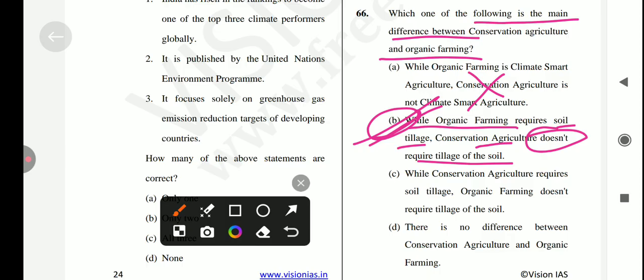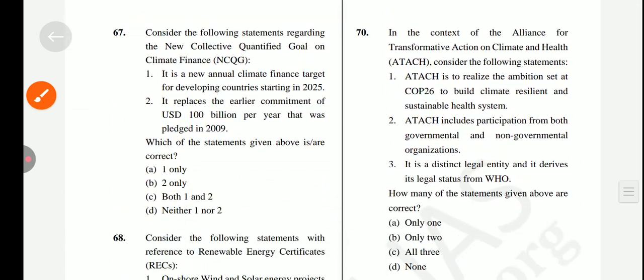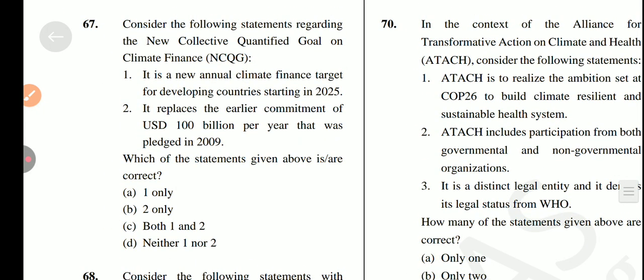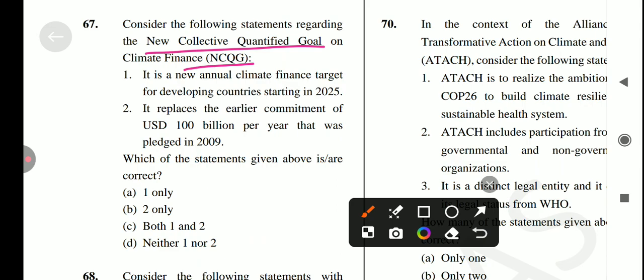Okay, so let's come to the next question which is: consider the following statements regarding the new collective quantified goal on climate finance. Okay, so first statement is it is a new annual climate finance target for developing countries starting in 2025.